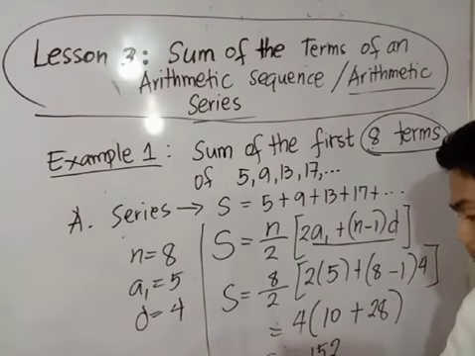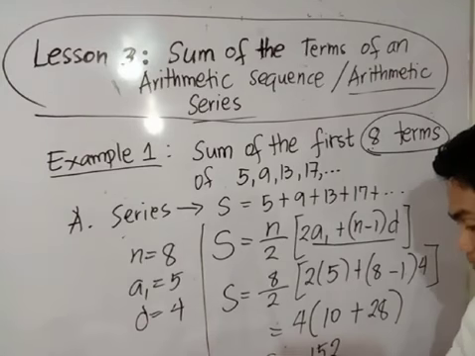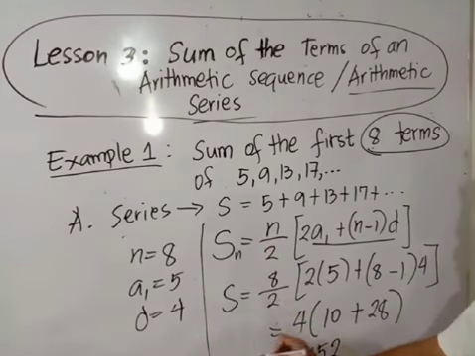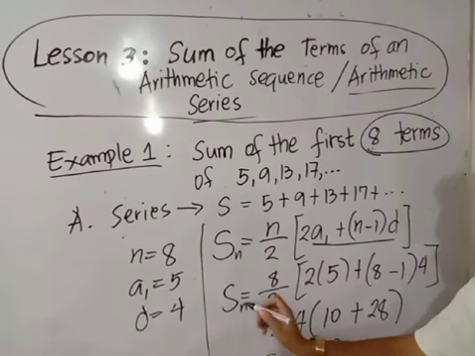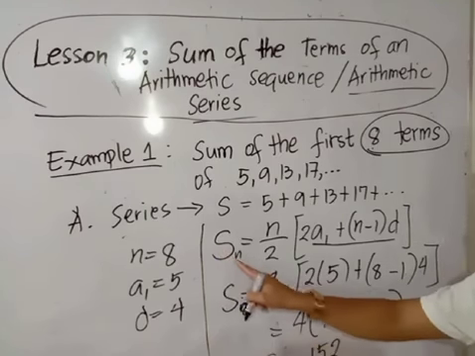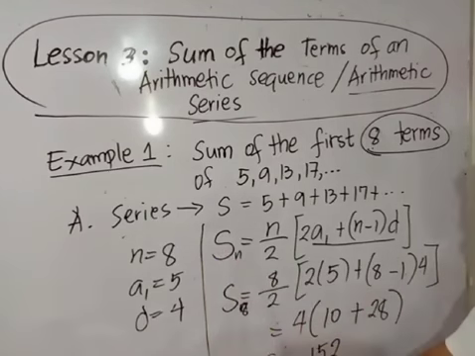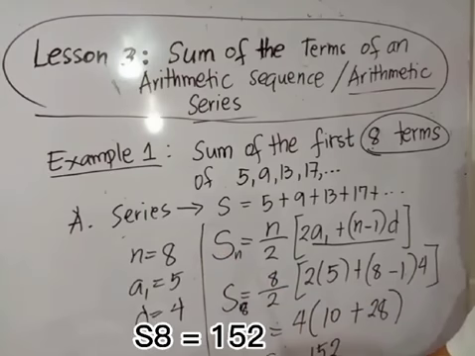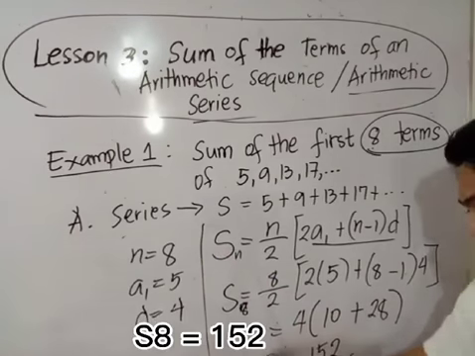So the sum of the first 8 terms, S sub n, the n meaning the number of terms, S sub 8, is 152.